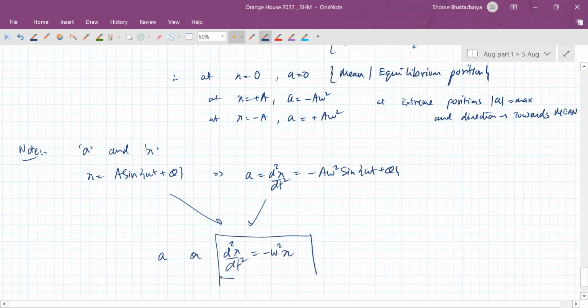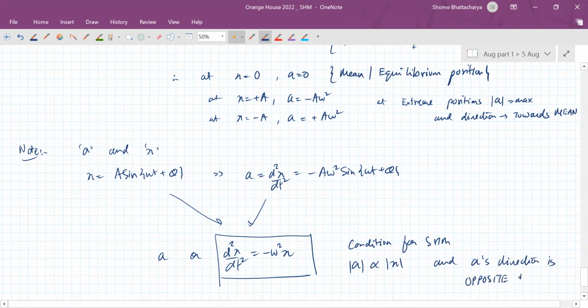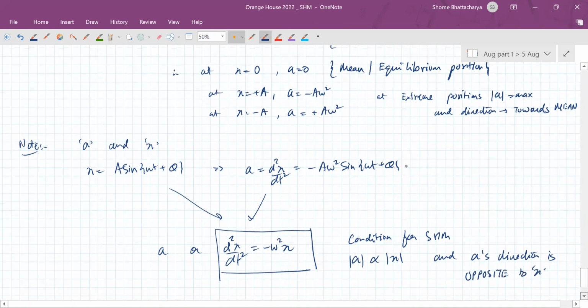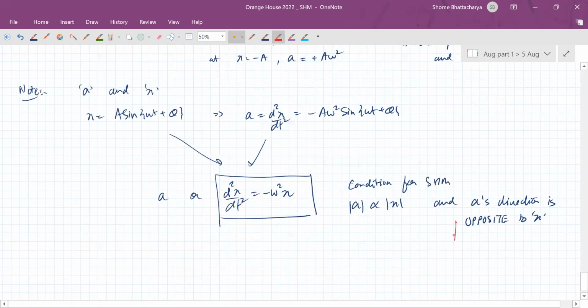So this is the most important thing over here. This is the condition for SHM. That is, the acceleration's magnitude is proportional to the displacement's magnitude, and acceleration's direction is opposite to displacement. If it is opposite to displacement, that means it's always pointing towards the mean position. So acceleration always points to the mean position.